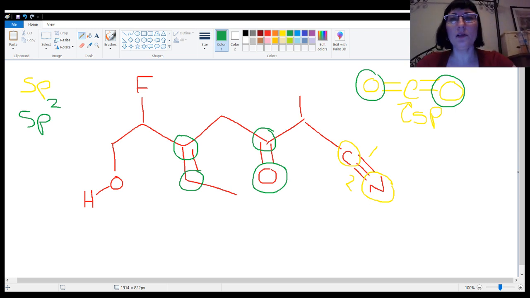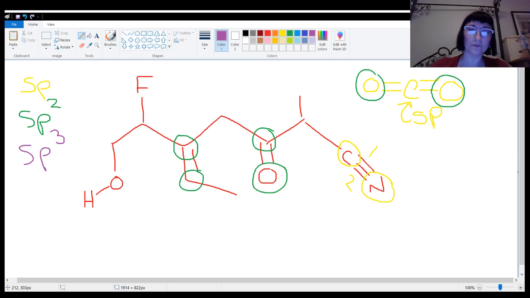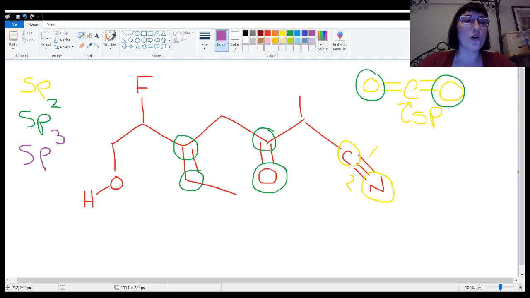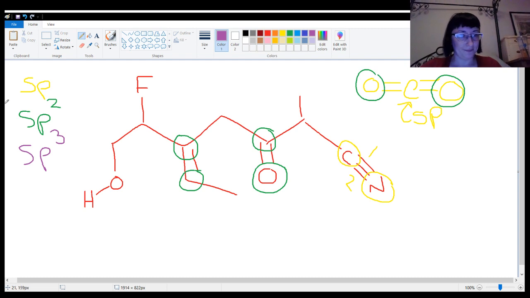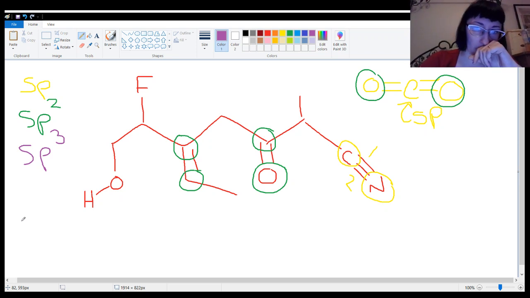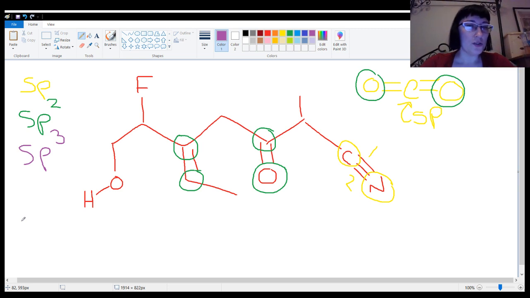Now, let's do purple, sp3. Go ahead and find anything that's sp3 hybridized. When you're looking for sp3, you're basically looking for an absence of pi bonds.